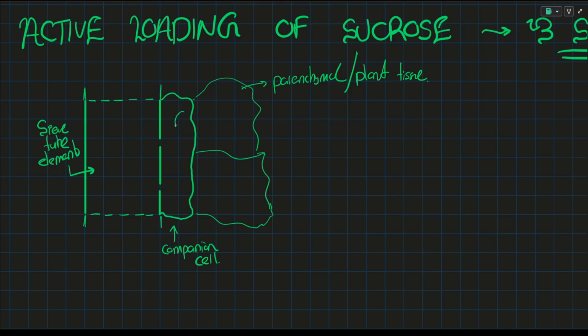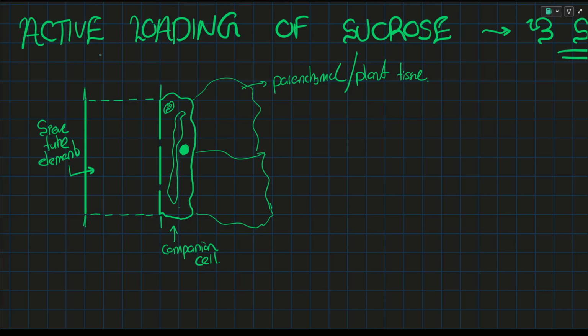And we know clearly the companion cell has a large vacuole, and it does consist of a nucleus to support all the functions of the sieve tube elements, and other organelles as well, like mitochondria, ribosomes, and similar things.